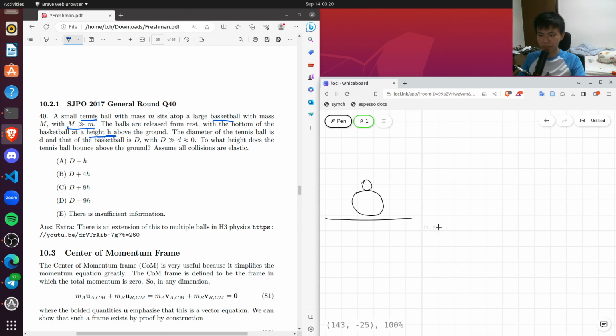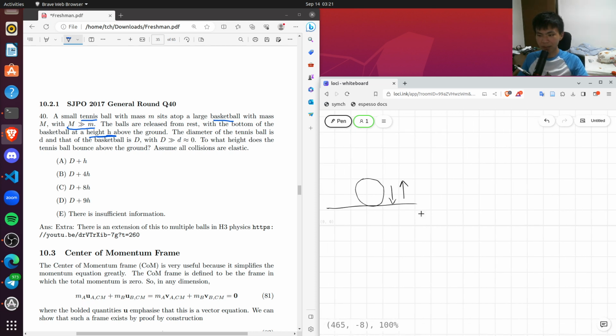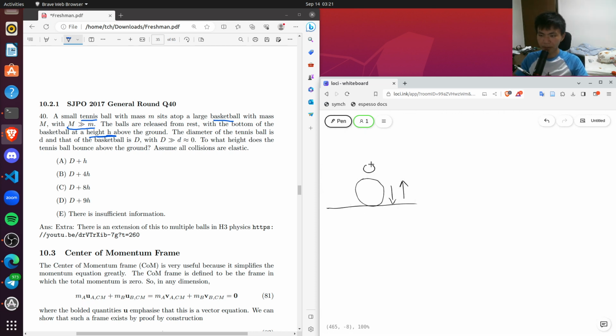The second thing that happens is that even though they technically hit at the same time because they're stacked on top of one another, we can think of it as the basketball hitting the ground first. So the basketball hits the ground, and then its velocity changes. The basketball bounces on the ground first, and the tennis ball, even though it's touching the basketball, you can think of as floating slightly above it, so the basketball actually bounces first.